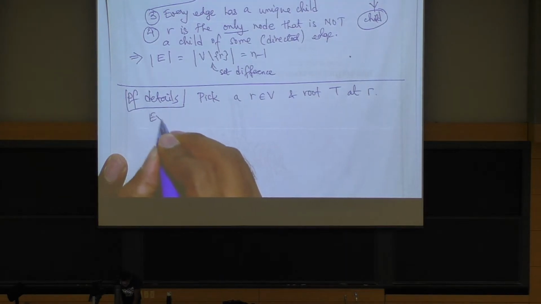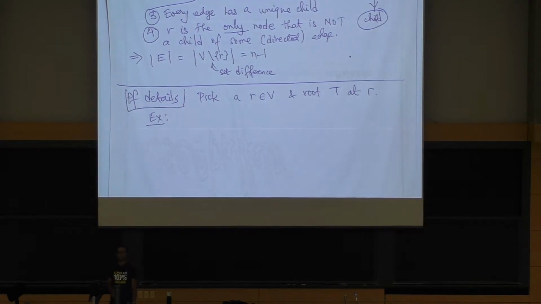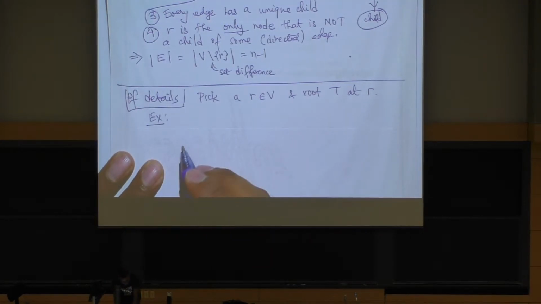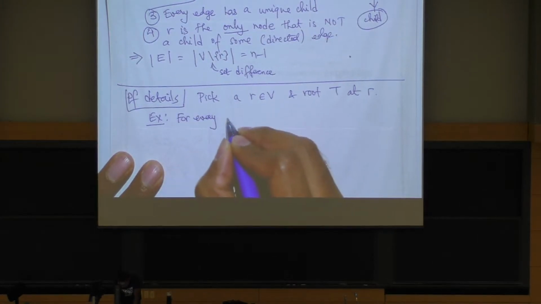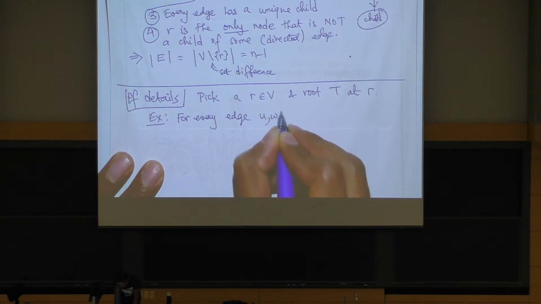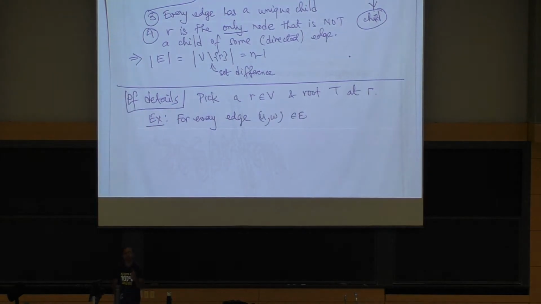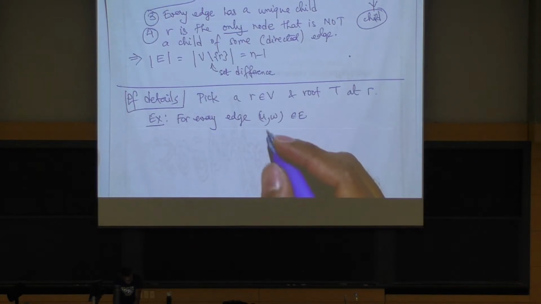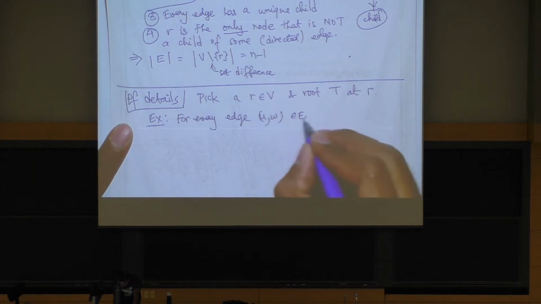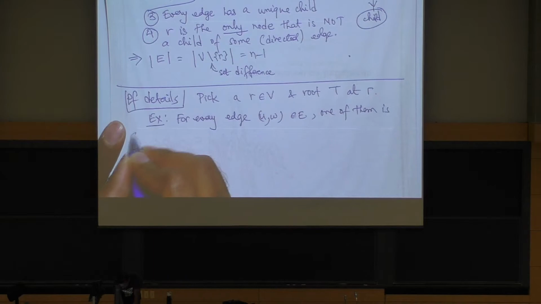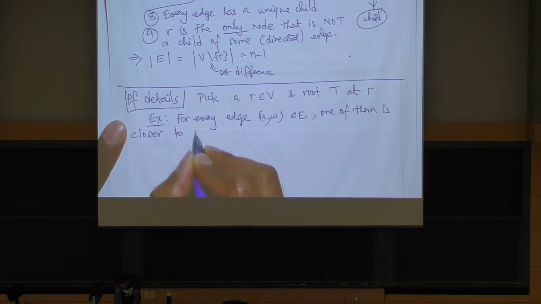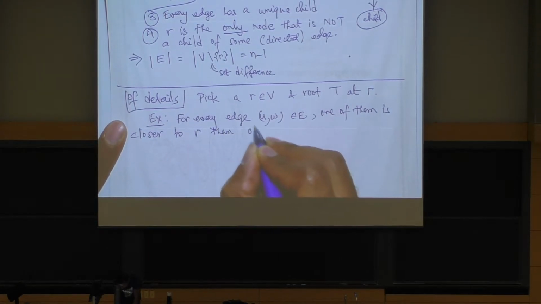So the first observation, which I'm not going to prove but leave as an exercise for you guys to work out at home, is for every edge UW in E, once you root it, one of them is closer to R than the other.